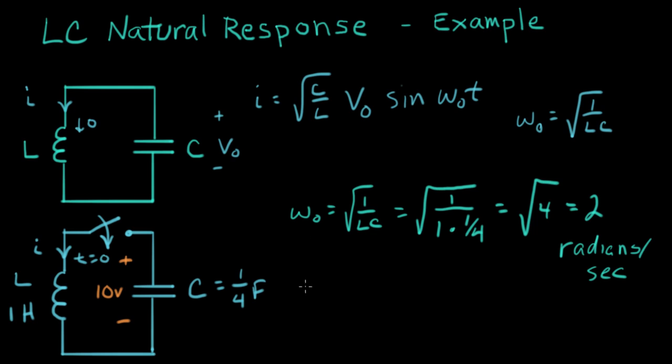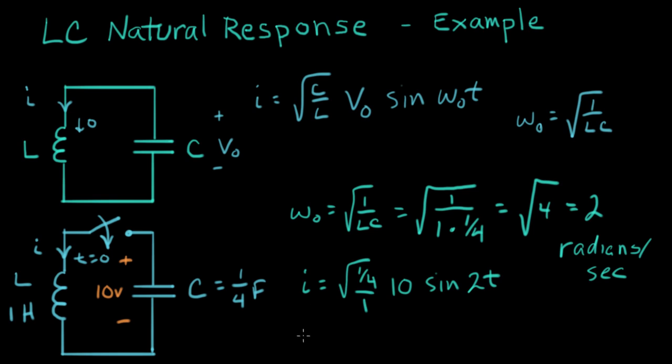So we can just fill in I equals the square root of C, which is 1/4 farad, divided by 1 Henry, times V naught. V naught was 10 volts times sine omega naught t. Omega naught is 2, so sine 2t.